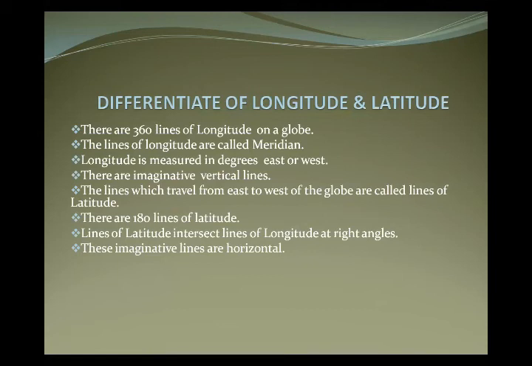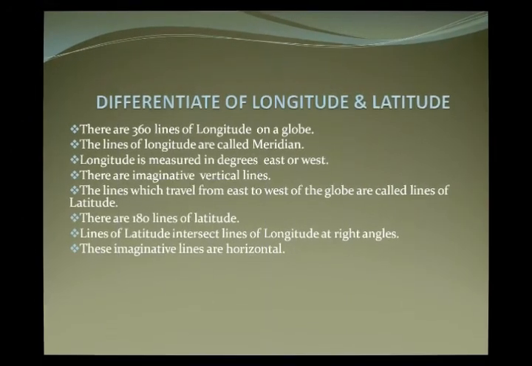The lines which travel from east to west on the globe are lines of latitude. There are 180 lines in latitude, but in longitude there are 360 lines. Lines of latitude intersect, meaning to cut or to cross, the lines of longitude at a right angle, and a right angle stands for 90 degrees. These imaginary lines are horizontal.